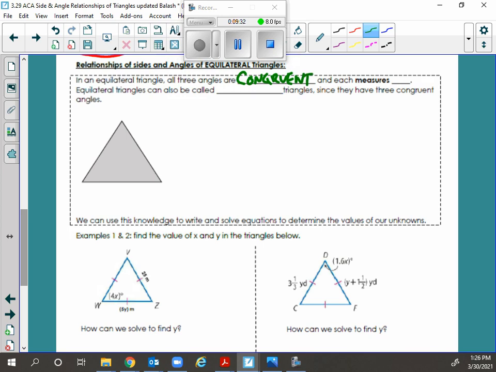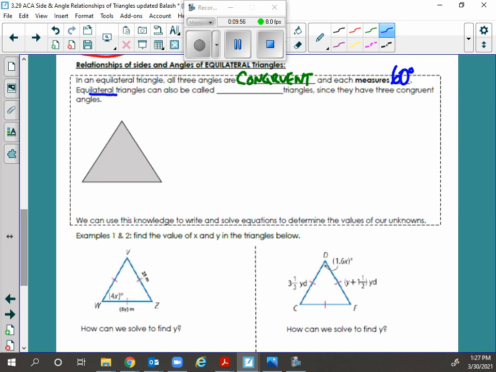And each measures exactly 60 degrees. We talked about that earlier. It measures 60 degrees exactly. Equilateral triangles can also be called equiangular triangles. Okay, because equilateral is describing the sides.